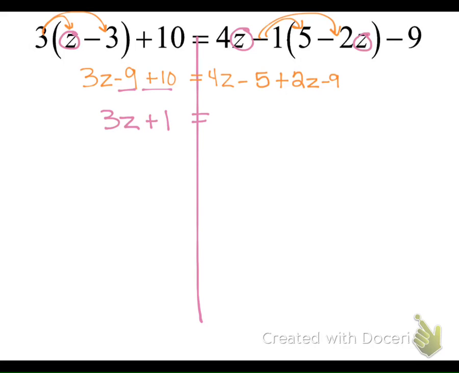Negative 5 and negative 9, and 4z. When I combine those, what do I end up with? 6z, negative 14.